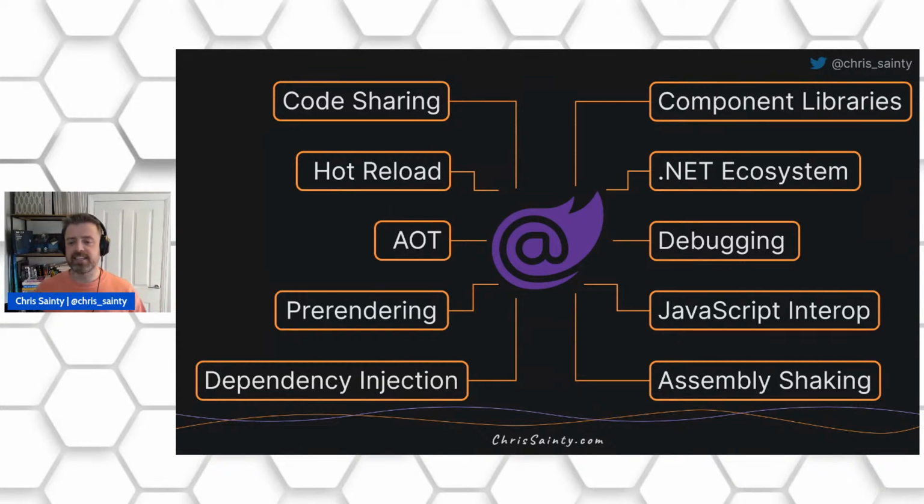We've also got access to pretty much all of the .NET ecosystem with Blazor. That means anything that's on NuGet potentially can be used with Blazor. Now, there are a few caveats to that. When we're running Blazor WebAssembly, we're running in the same security sandbox as JavaScript applications.